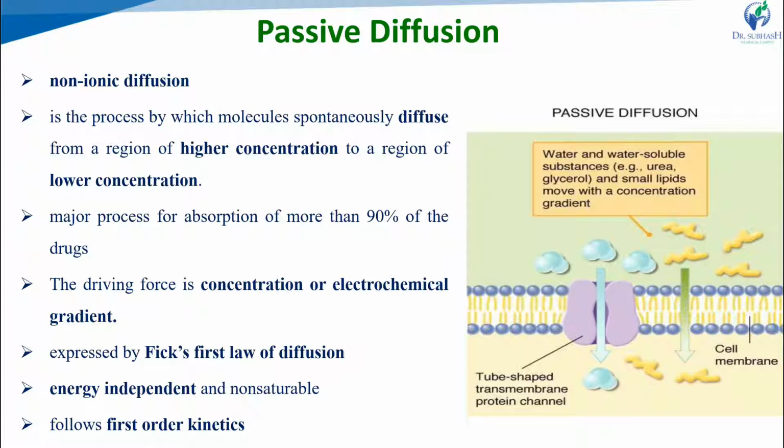Passive diffusion is expressed by Fick's first law of diffusion. So what is Fick's first law? It is the movement of drug or molecules from higher concentration to lower concentration until equilibrium. In passive diffusion, the process is energy independent, meaning energy is not required for the migration, because it depends on the concentration gradient, and it is also non-saturable.